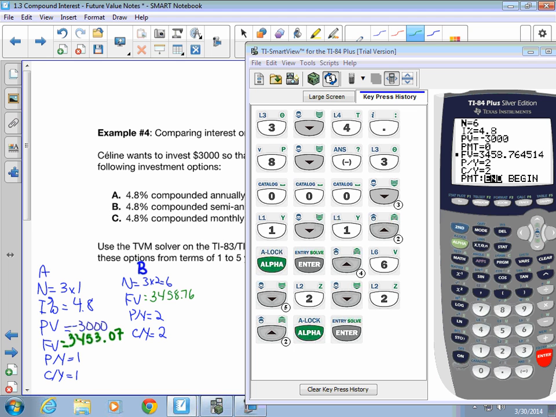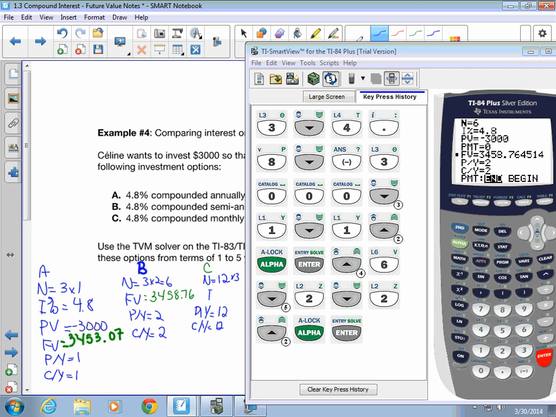What if it's compounded monthly? Then N will be 3 times 12, so 36. Payments per year will be 12. Compounds per year will be 12.